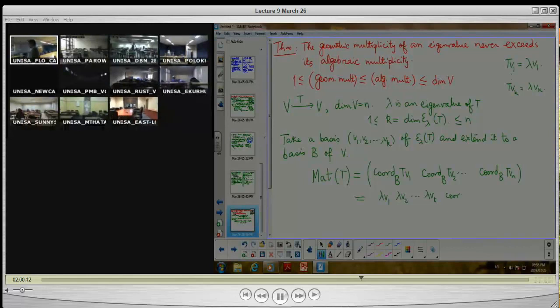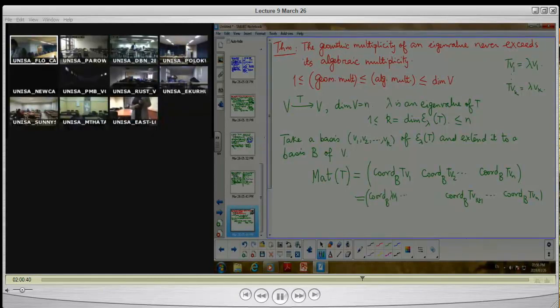So what is this? I'm sorry, this is the coordinates of lambda times v1. So the first column would be lambda and the rest would be zeros.